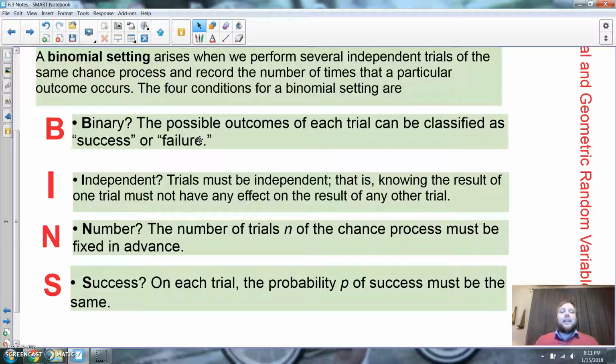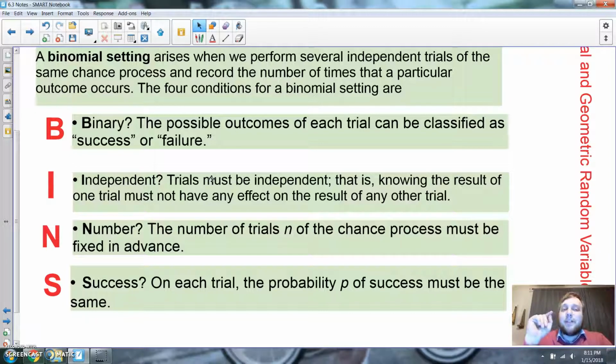Next, the trials must be independent. One must not affect the other. Like flipping a coin: does one coin affect the flip of the second coin? No. They also have to have a set number. Be careful, because this is different for geometric than it is for binomial.